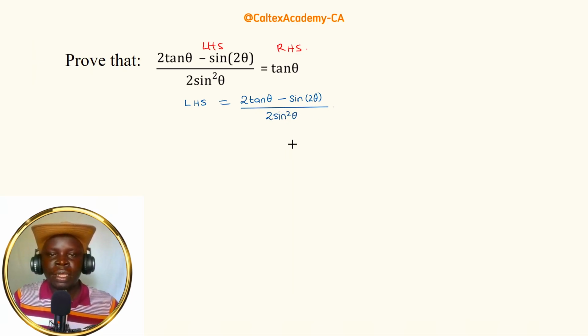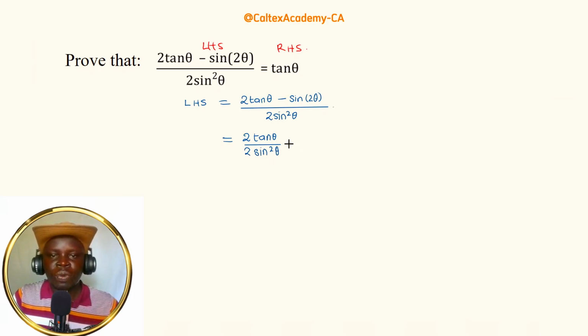Now after that, we can distribute this common denominator to the two terms in the numerator. So we have twice tan of the angle theta divided by twice sine square theta.